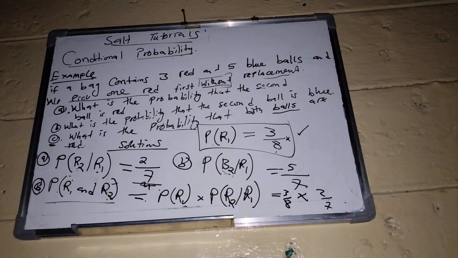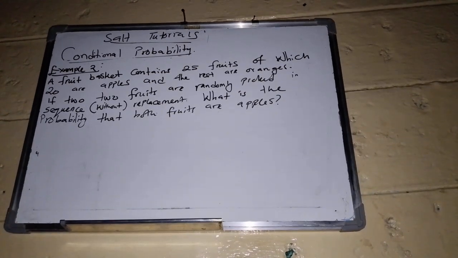So we'll look at more examples under conditional probability so that we can fully understand this topic. Let's look at another example where we are being told that a fruit basket contains 25 fruits, of which 20 are apples and the rest are oranges.